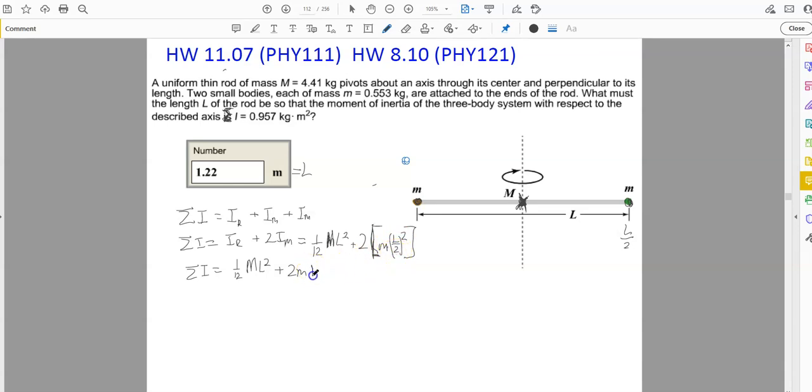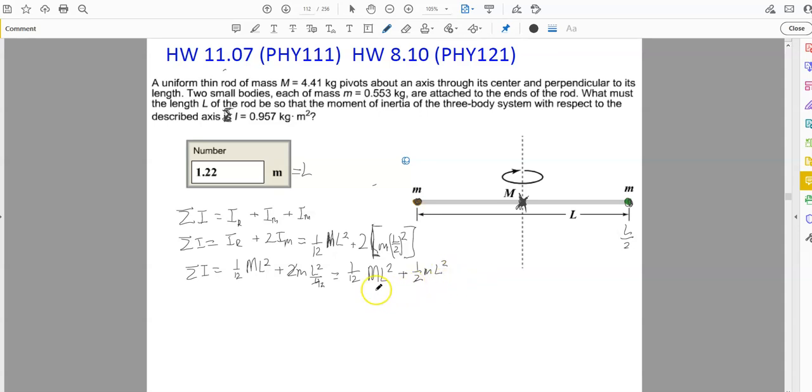So that's L squared over 4. Well, that 2 is going to cancel out with that 4 to become 2. So this is going to end up being 1/12 capital M L squared plus 1/2 small m L squared.